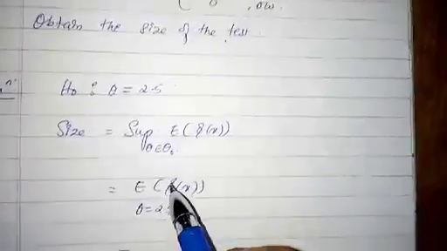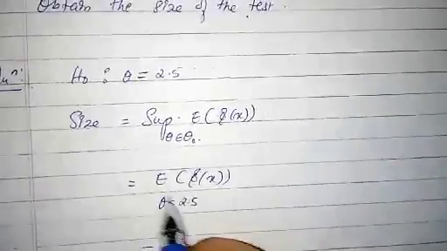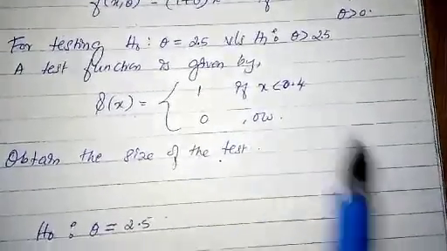Which is equal to, how to write the expectation of phi of x? Here phi of x is 1 if x is less than 0.4, 0 otherwise, right?